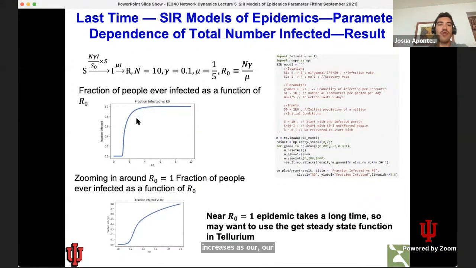And basically after R naught reaches 4, if you know that your R naught is 4, you know that basically the whole population will be infected by the end of the epidemic.